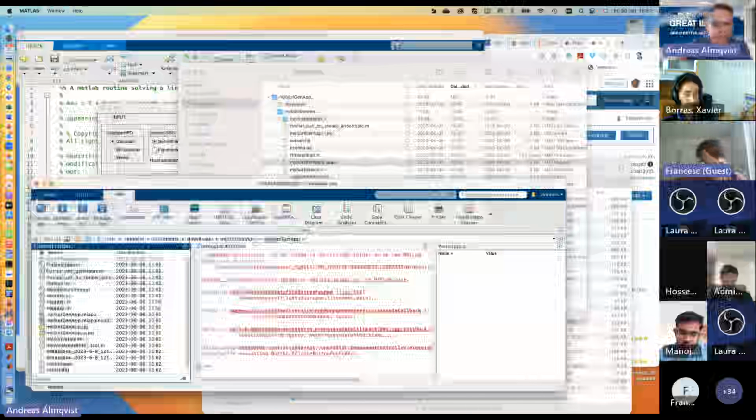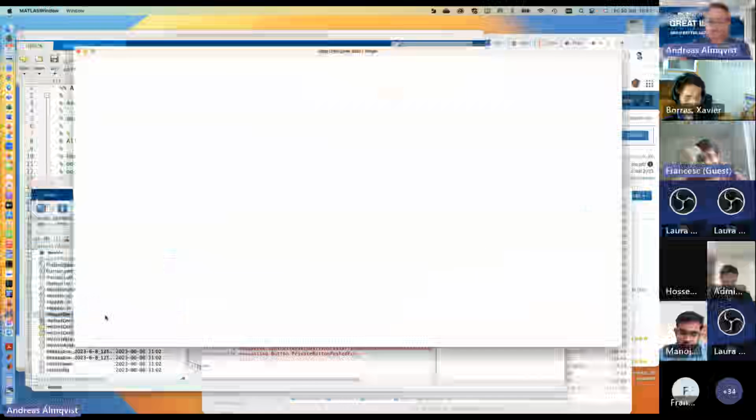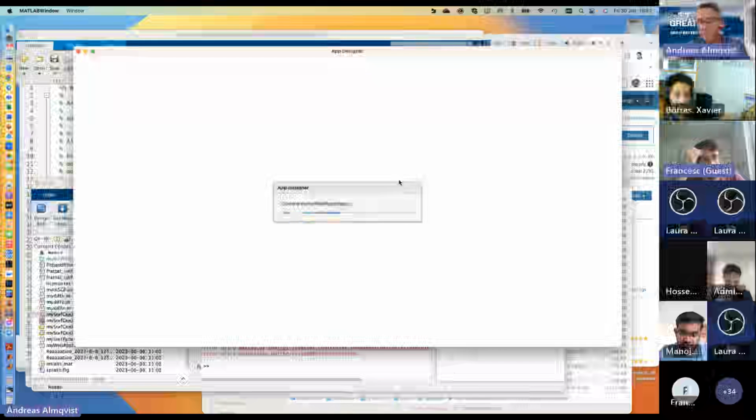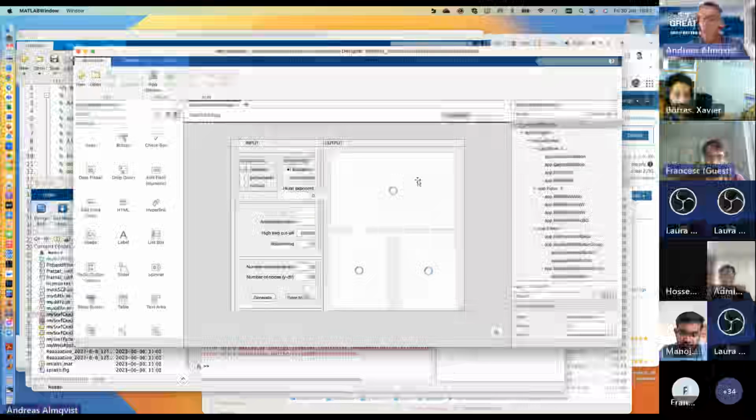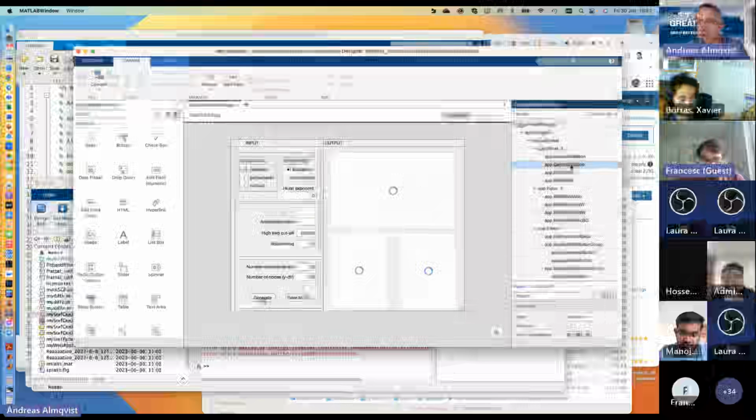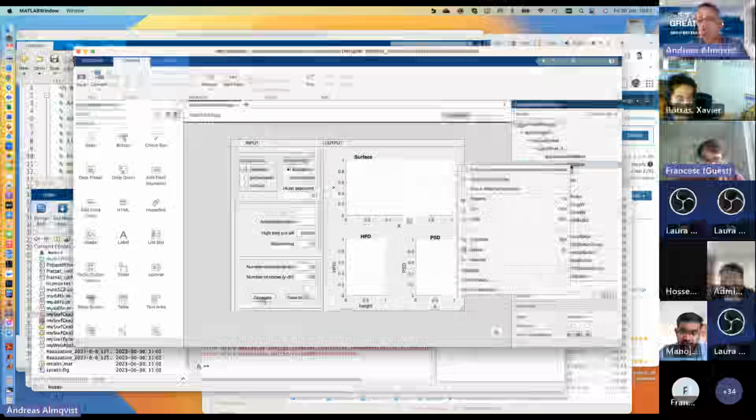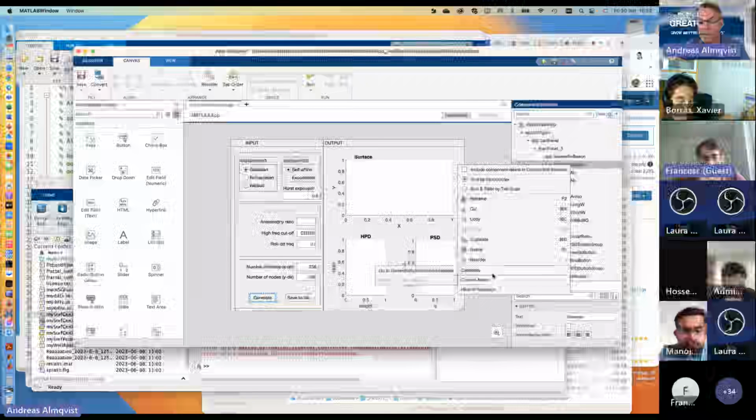And when I'm in the right directory, I can also open this MATLAB tool, the designer for the app. And here you can add features and make your own app if you like. You can also check, for example, if you look at the generate button here, what is the code text? What does it do when you press generate?